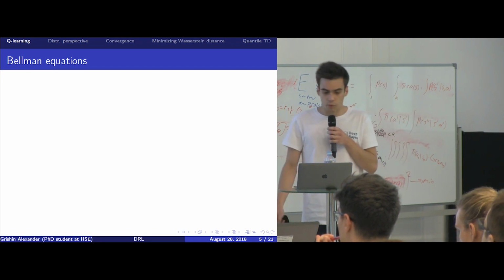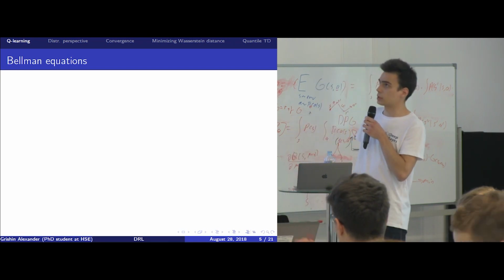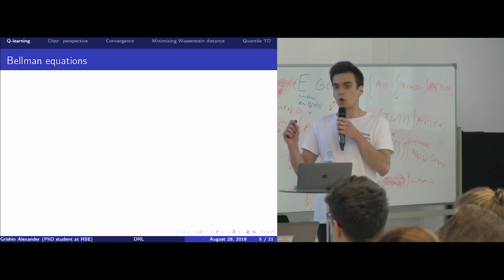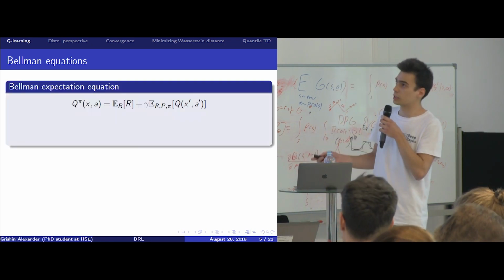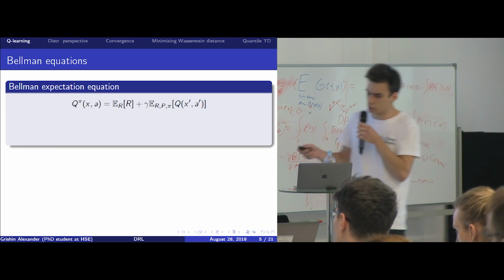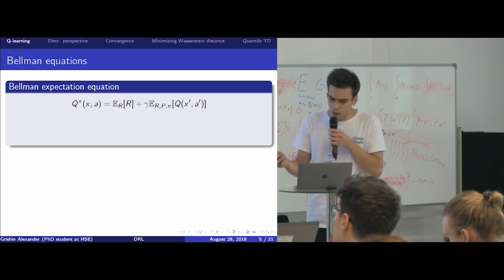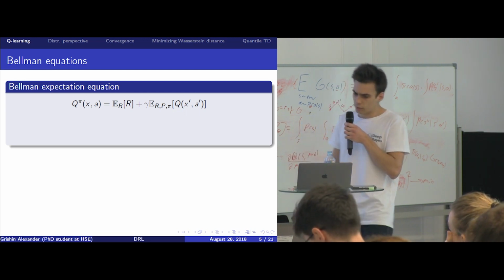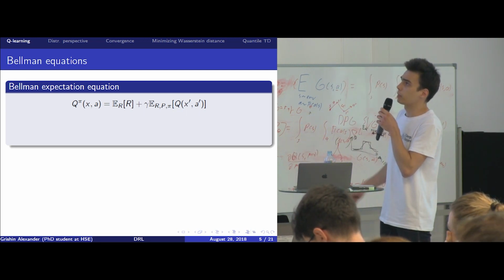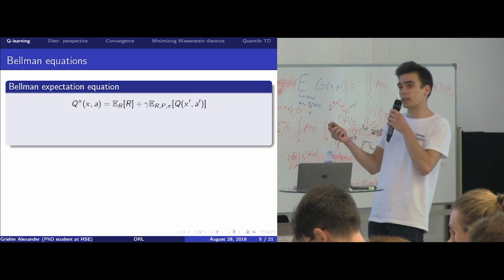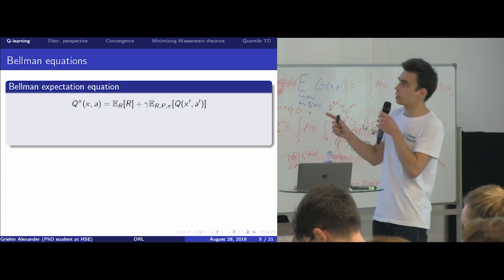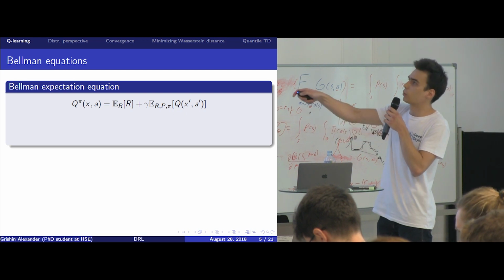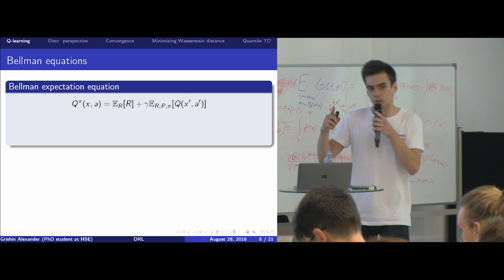Then, from the definition of the state value function, the most important equation can be derived, the Bellman expectation equation. In fact, it represents the connection between the value functions at subsequent time steps.